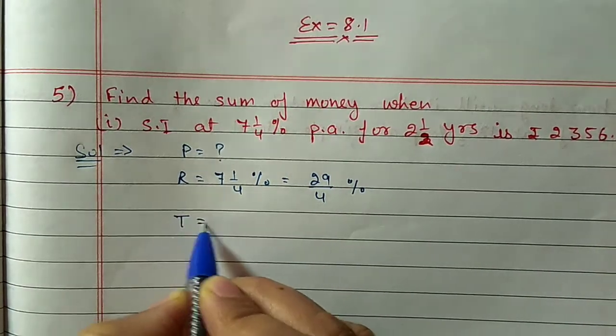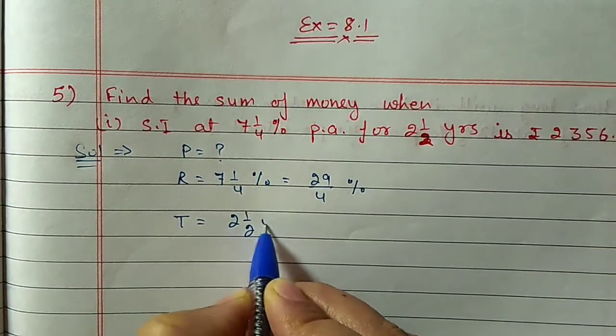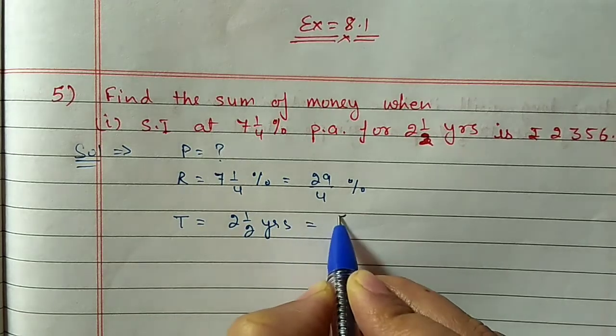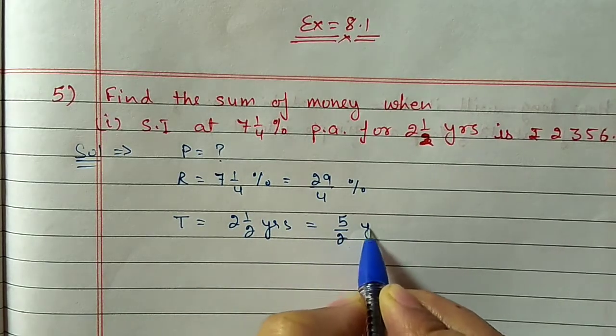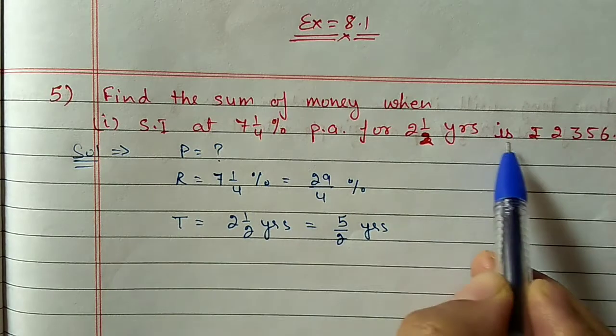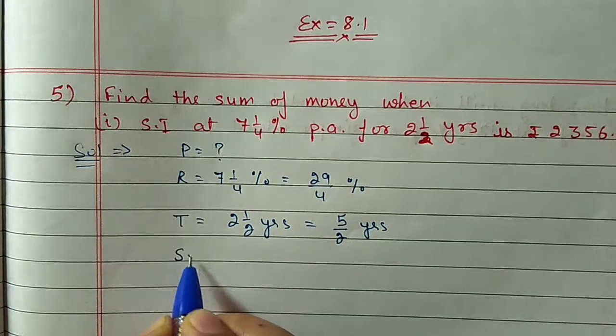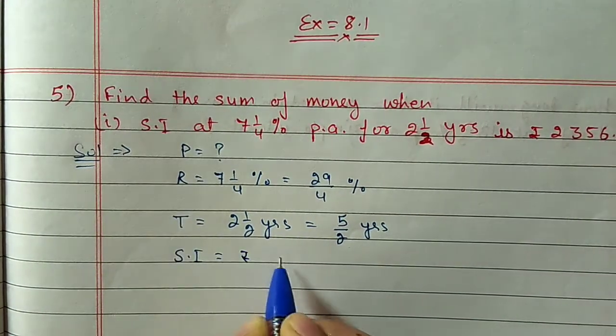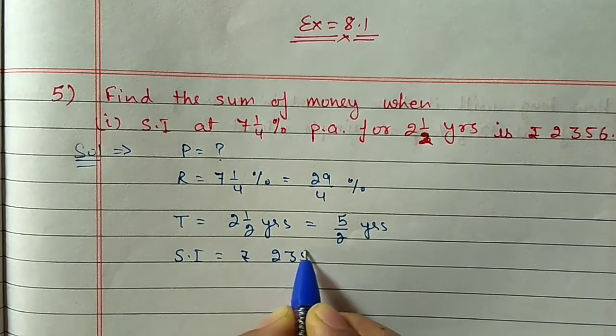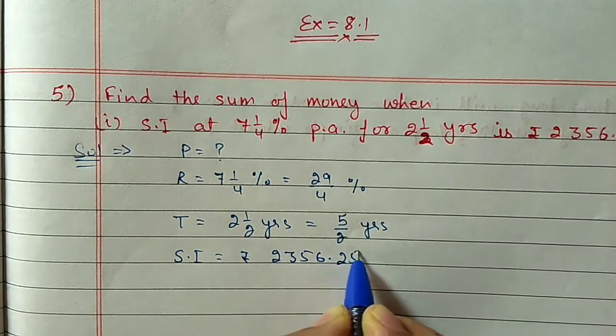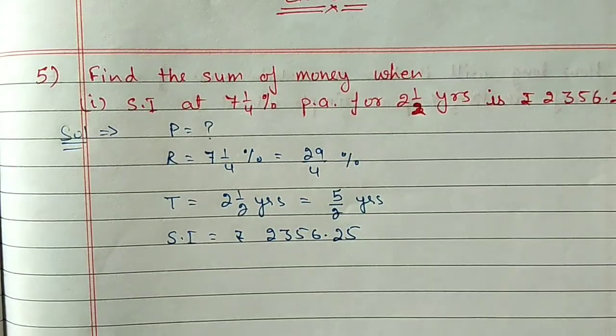Then time is given 2.5 years, which we can write as 5/2 years. And SI is 2356 rupees 25 paise.